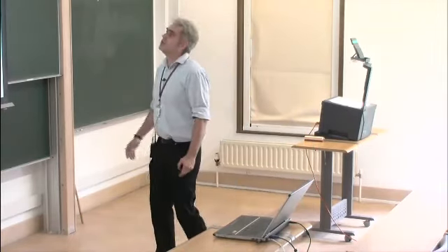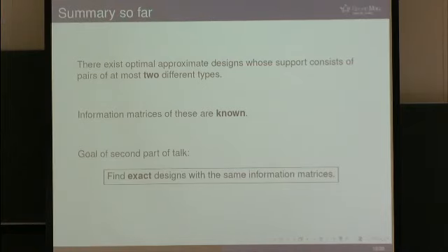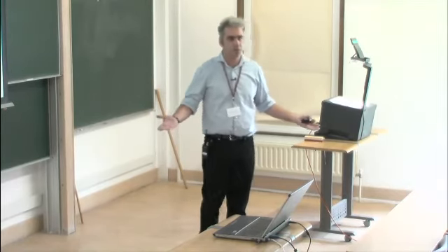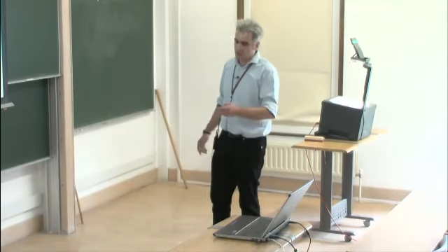So, summary so far: we have seen there exist optimal approximate designs where the support contains only 2 different types of pairs and the information matrices are known. Now we want to find exact designs which have the same information matrix, which are then necessarily also optimal. Now, how do we go about that?